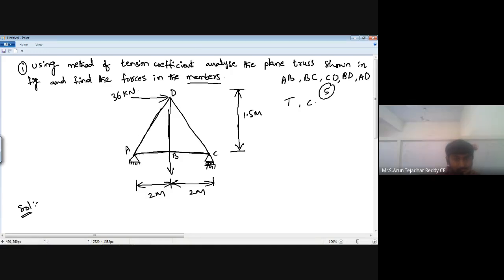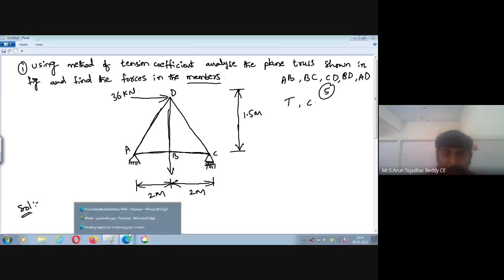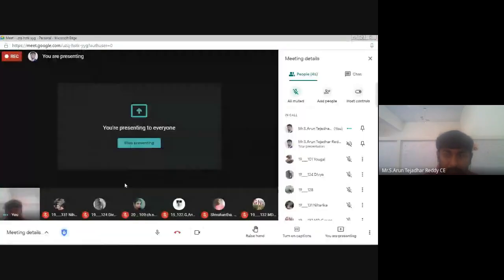We have AB length 2 meter, BC length 2 meter, and from B to D it is 1.5 meter.